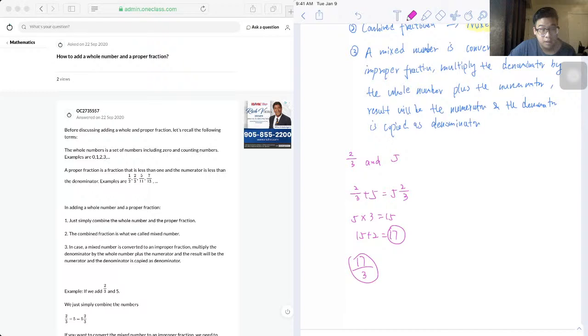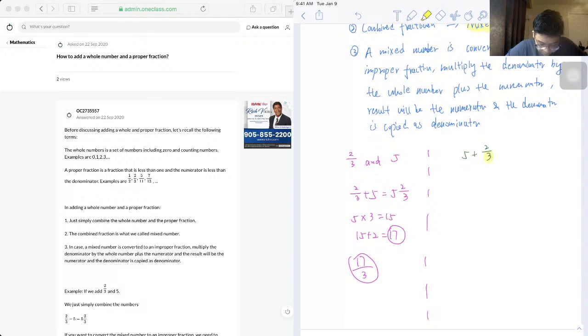And also there's another way of explaining this. So we still have 5 plus 2 over 3, right? And now we want to maintain 3 as the denominator, since we already have a 3 in our question. So we want to convert 5 into some sort of fraction that has the denominator as 3.